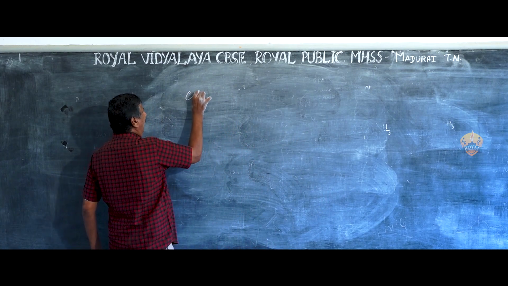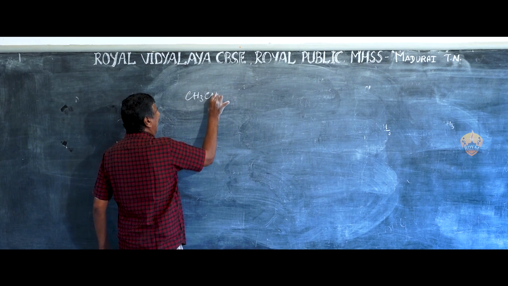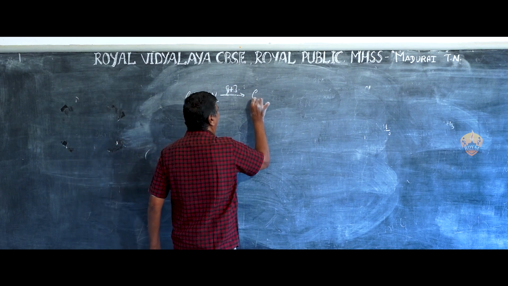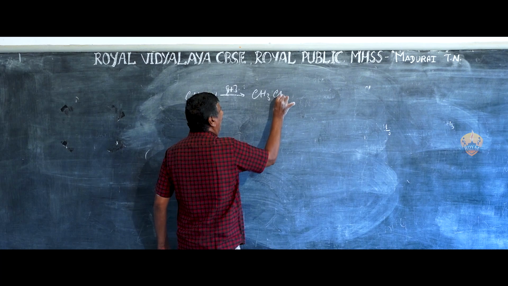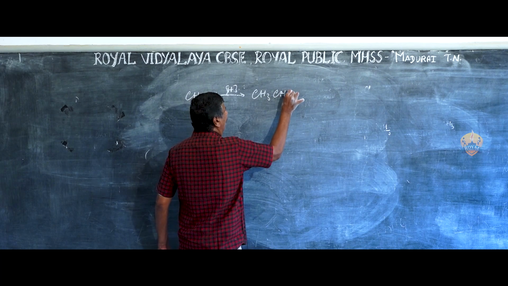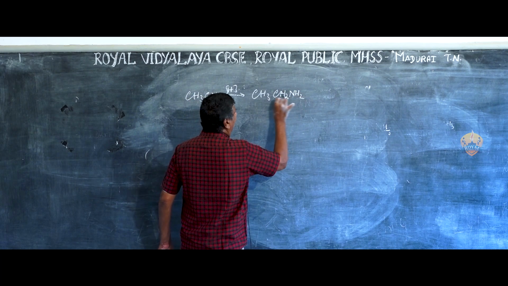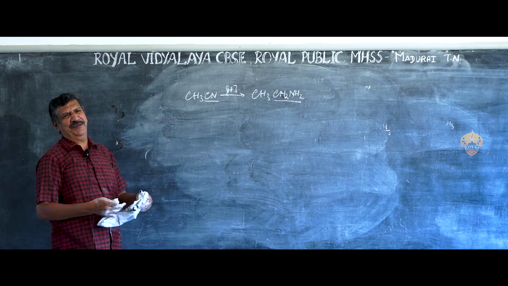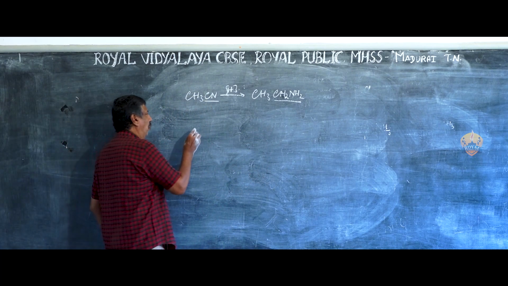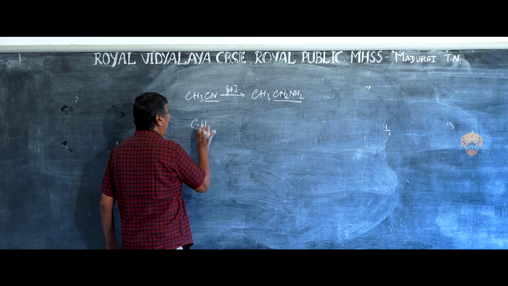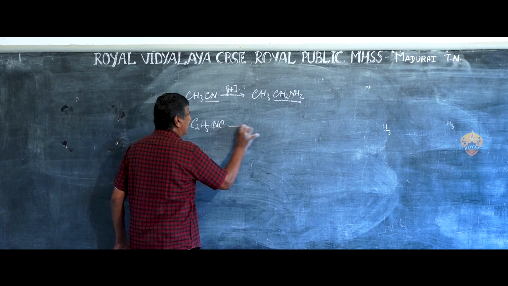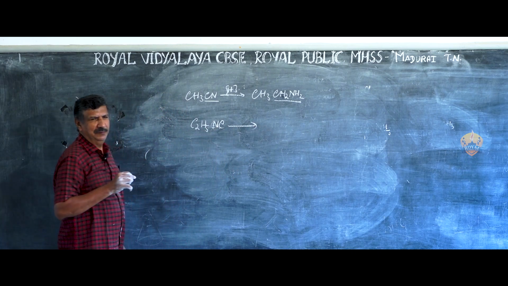Next one, any cyanide on reduction is already mentioned, but I am repeating it again and again. Any cyanide on reduction gives a primary amine, that is CH2NH2. One carbon will be increased. But what will happen when you reduce isocyanide?